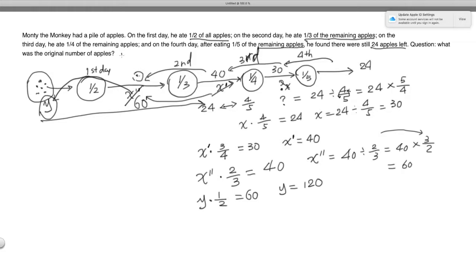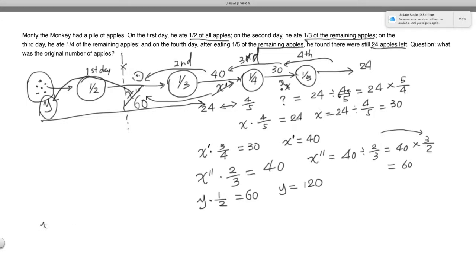So what is going to be the number of apples after the first day? If I start with y, this number is basically the number of apples after eating 1/2 of y.